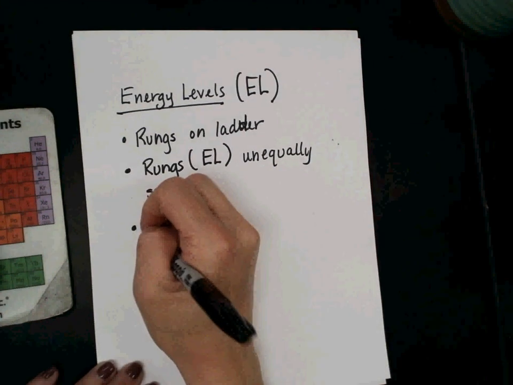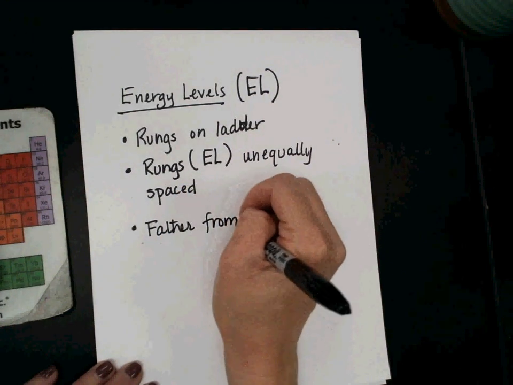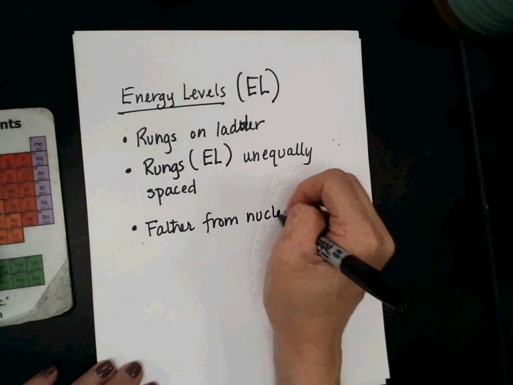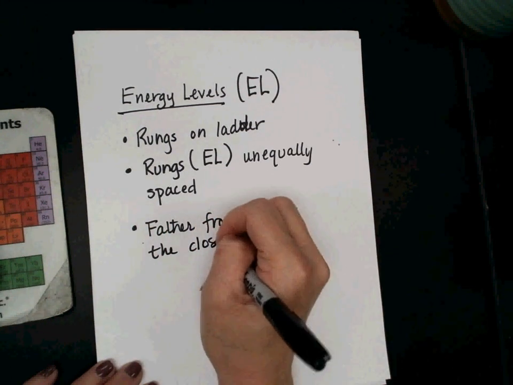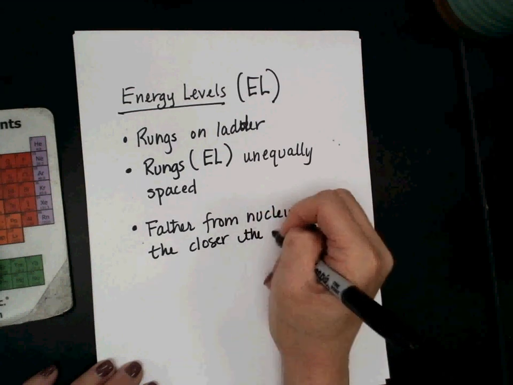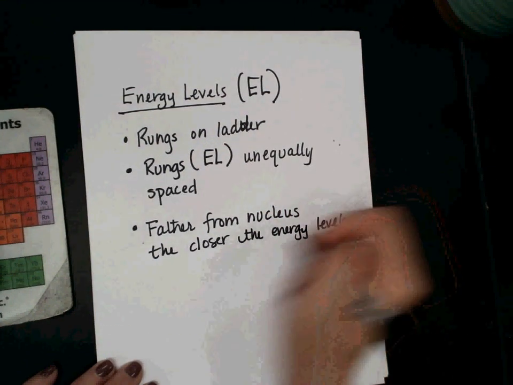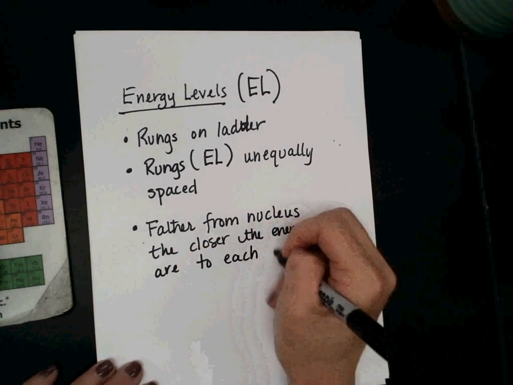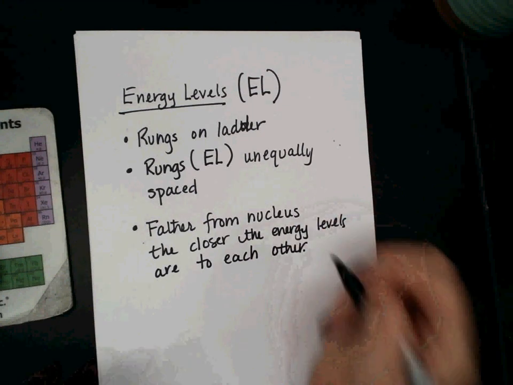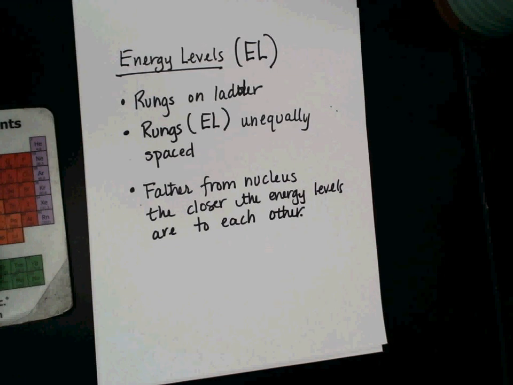Okay, so the farther from the nucleus you are, the closer the energy levels are to each other. So the farther out I move from the nucleus, the closer the energy levels are.